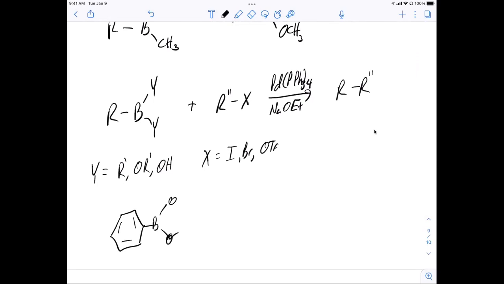One of the common borane compounds is this aromatic species. So we got the borane. React that with a triflate.